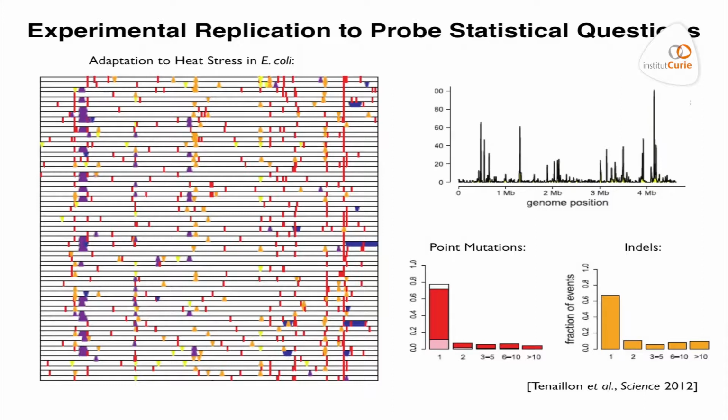Then 2,000 generations of evolution later, they sequenced a single clone isolated from each of these 115 populations. Each horizontal line is one clone, and they've depicted the mutations that occurred in each of these clones via various colors, point mutations in red, for instance, larger insertions or deletions, larger deletions in purple, and so on.